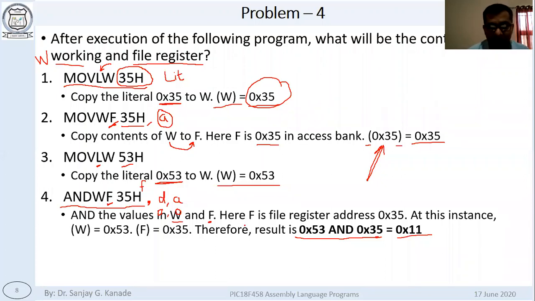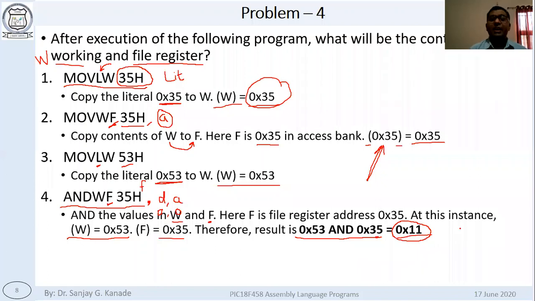Remember this: before execution, W was 53 and F was 35. Note down that this is the value that we have to AND with. So this is the result of the AND operation.